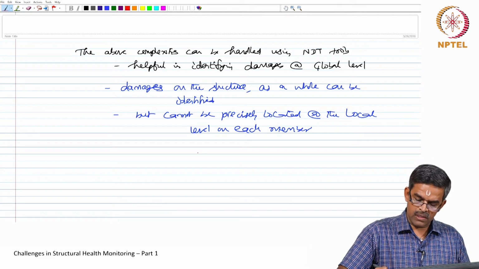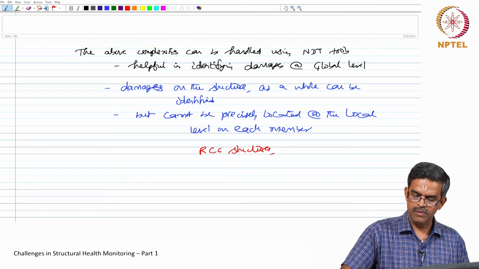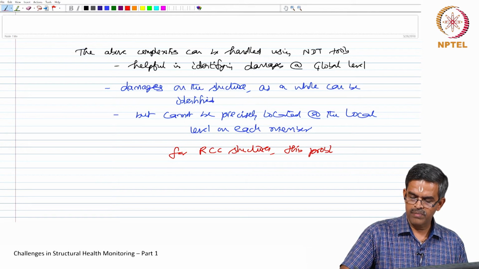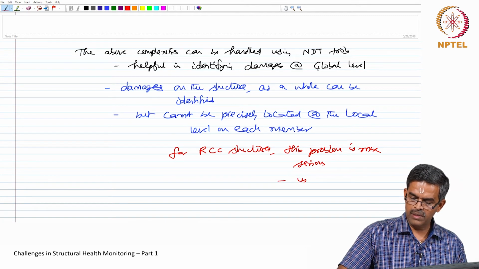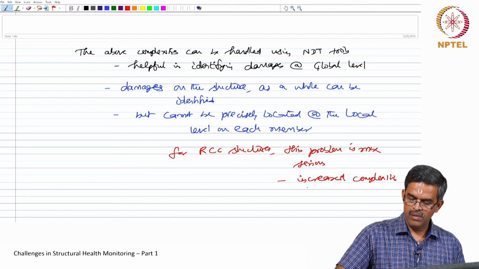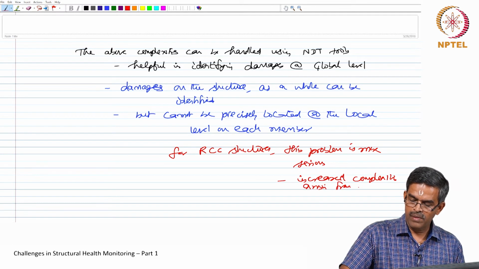When you consider structures like reinforced cement concrete structures, this problem is more serious due to increased complexities arising from embedment of reinforcement.